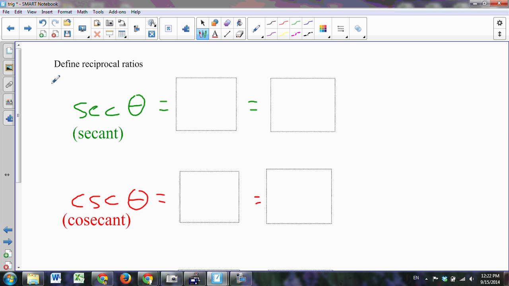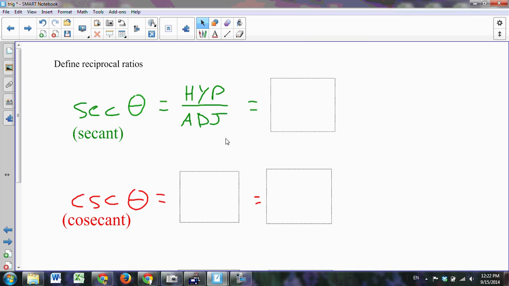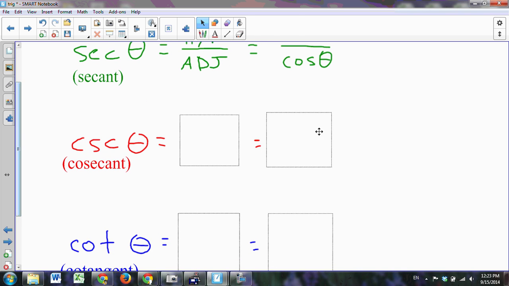Now, there are some reciprocal ratios. Secant is the reciprocal of cosine, 1 over the cosine. Since cosine is adjacent over hypotenuse, secant will be hypotenuse over adjacent. Cosecant is the reciprocal of sine.